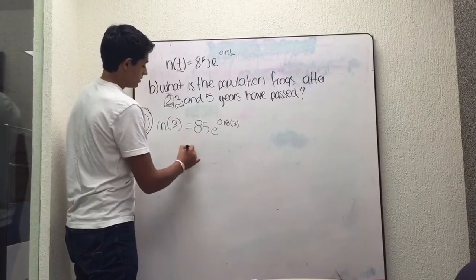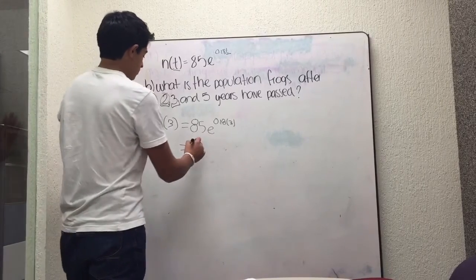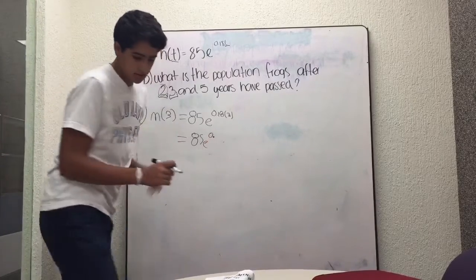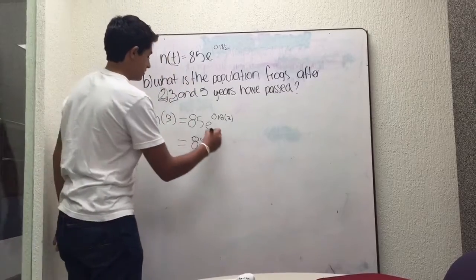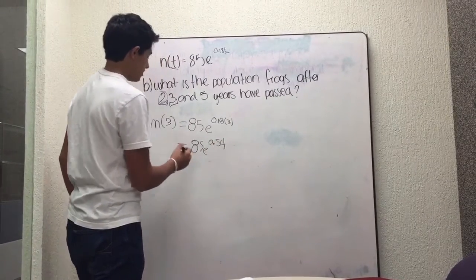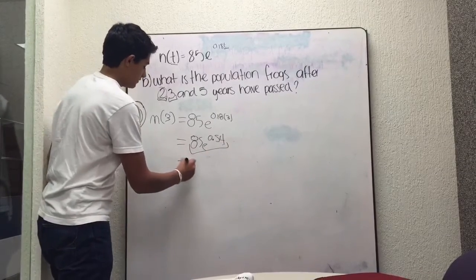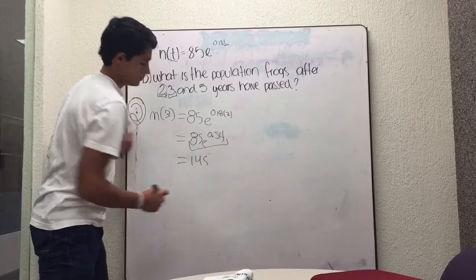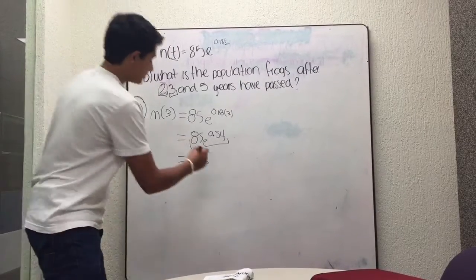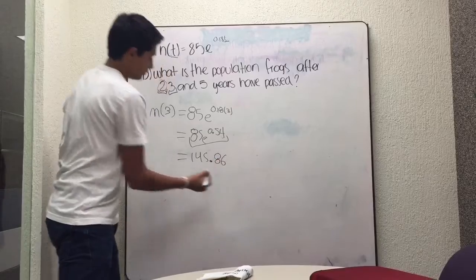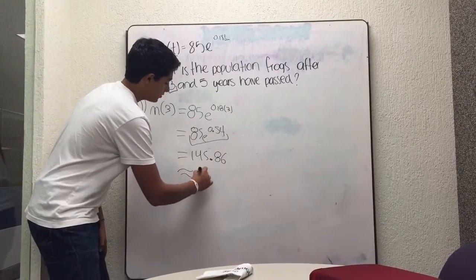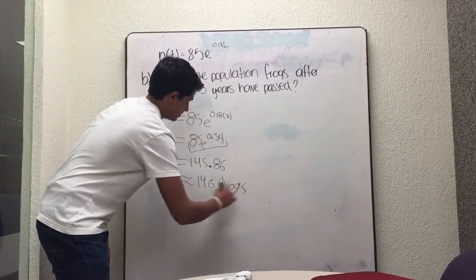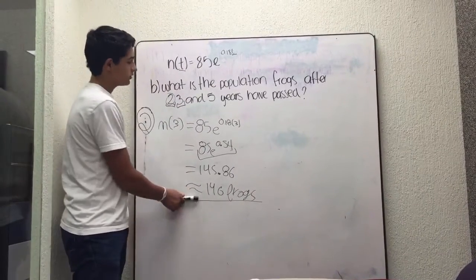So n(3) is equal to 85 e to 0.18 times 3, which is 0.54, which gave us a total of 145.86, which is about 146 frogs. This is the result for 3 years.